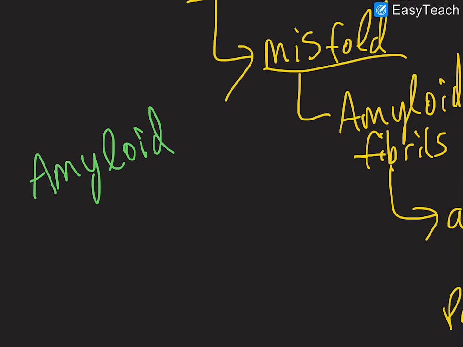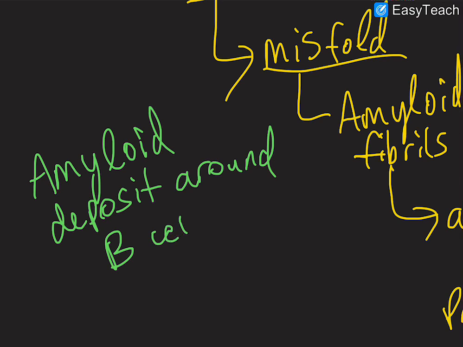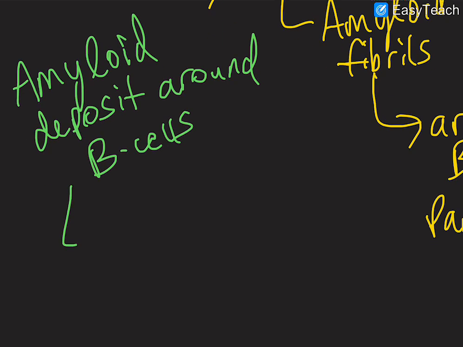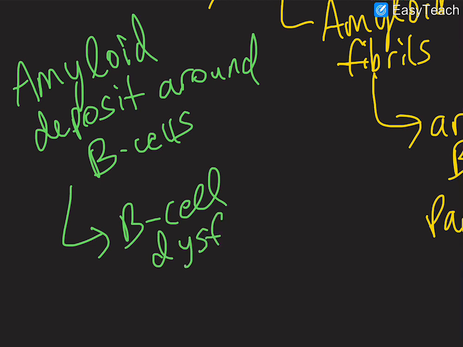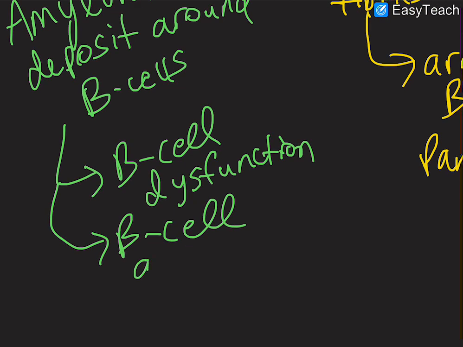All right, so amyloid deposit around beta cells of your pancreas. What can this lead to? Beta cell dysfunction and beta cell apoptosis.